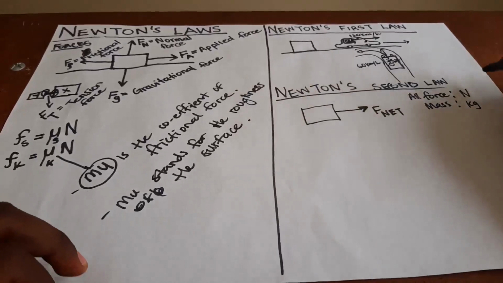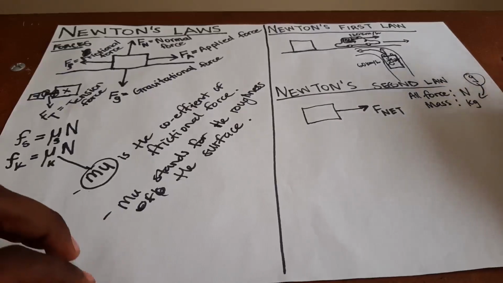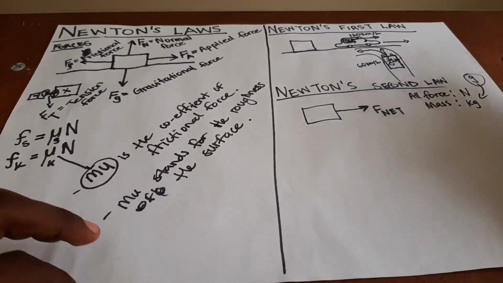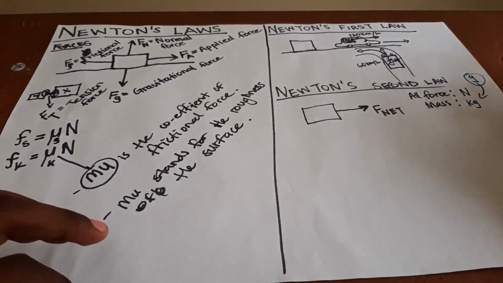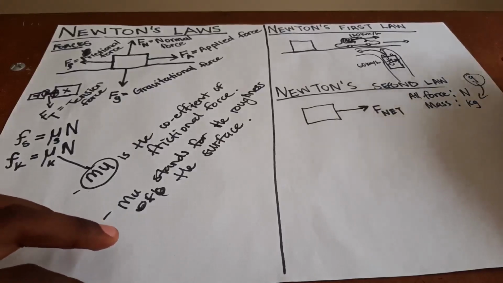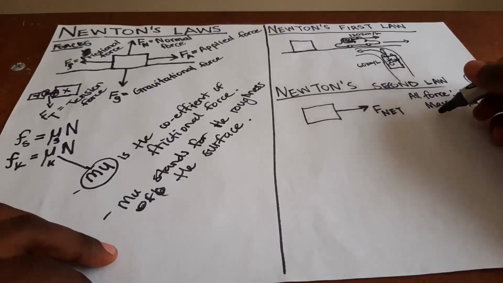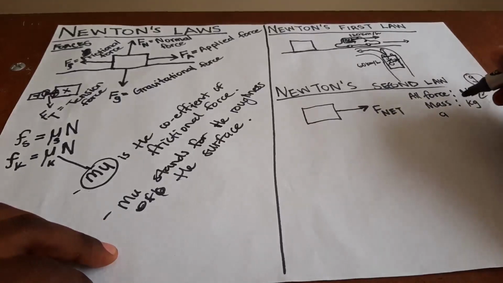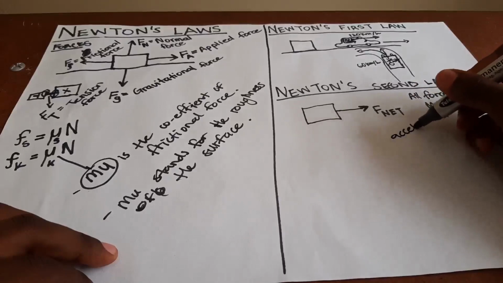If it's in grams, you should convert it to kilograms by dividing by 1000. This is acceleration, and this is how we write it.